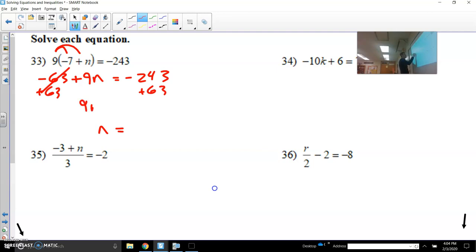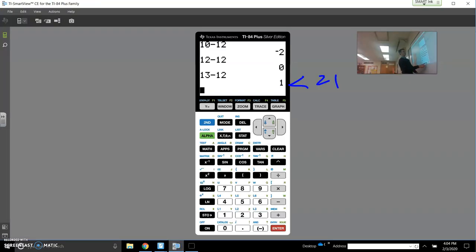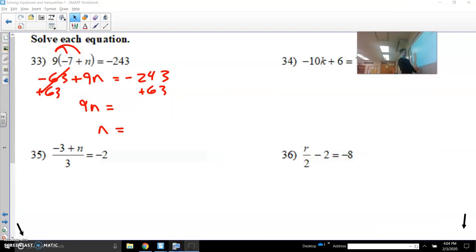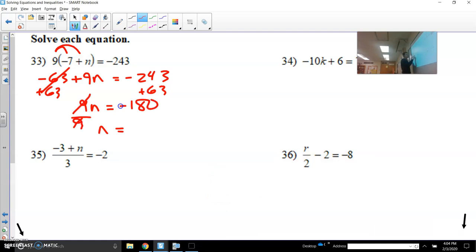So 9n equals, and we can use a calculator if you're not confident with your work, negative 243 plus 63 gives you negative 180. Now we need to take that 9 and divide it to the other side. Negative 180 divided by 9 is negative 20.